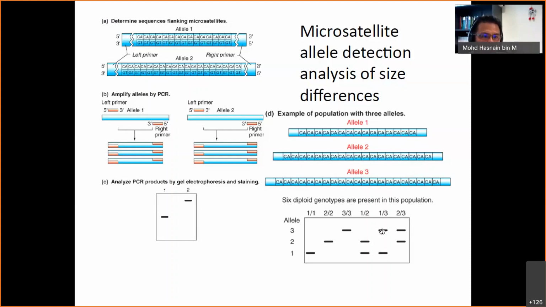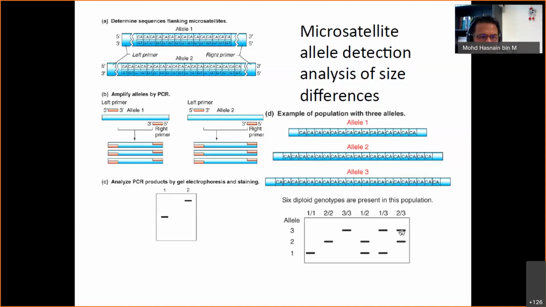The other will move quite slow. When you stop, it is in this area. But for the other individual, because that individual has 2 and 3, it will move slightly slower than 1.